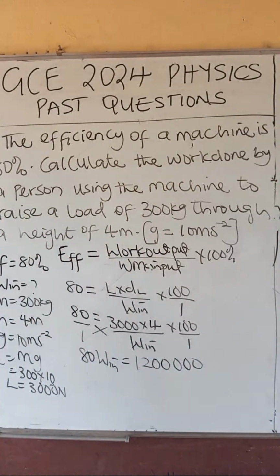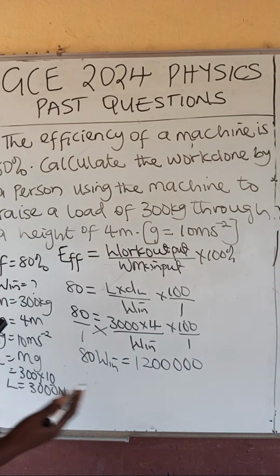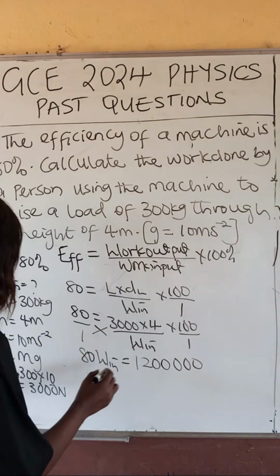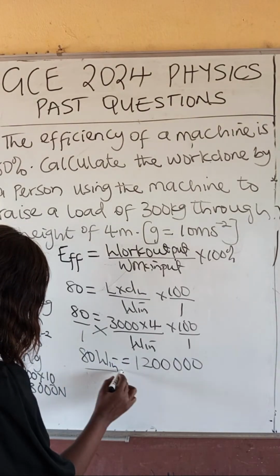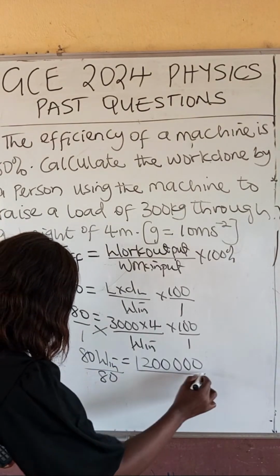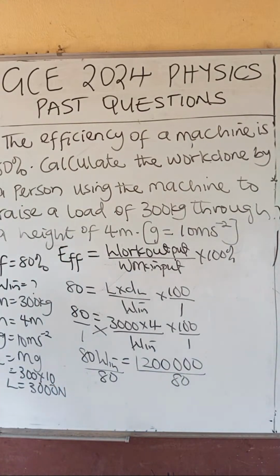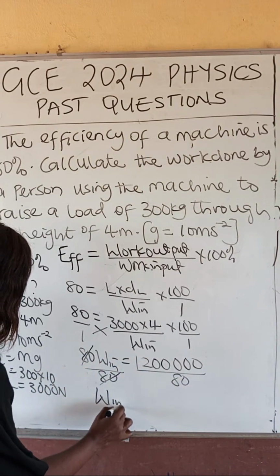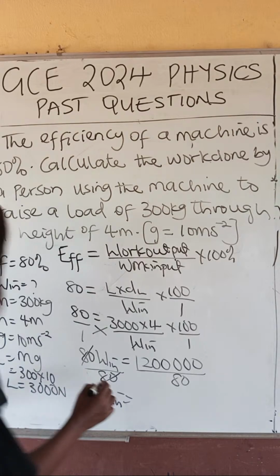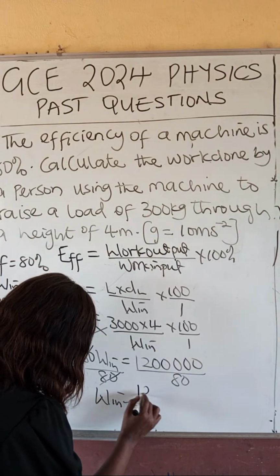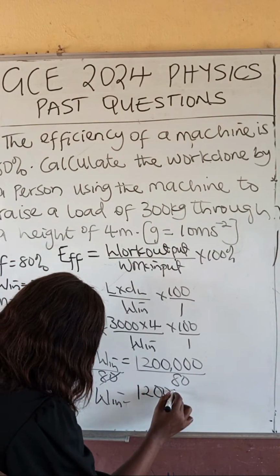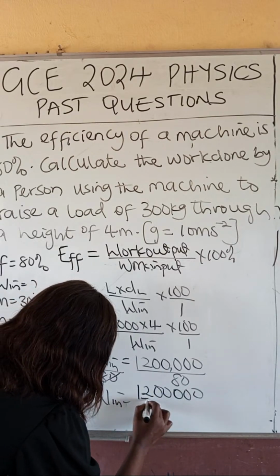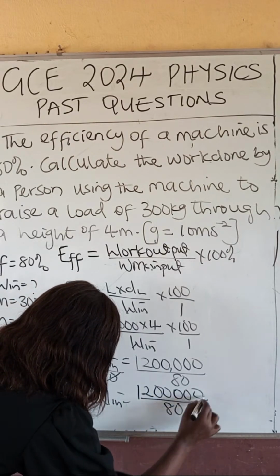Okay, and that is, I have 1.2 million. Then I divide both sides by the coefficient of work input, which is 80. Now when we do that, this will cancel. 8 is going to cancel. I have work input to be 120,000 divided by 80.